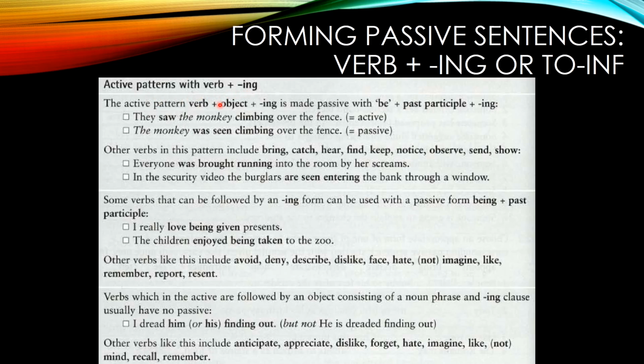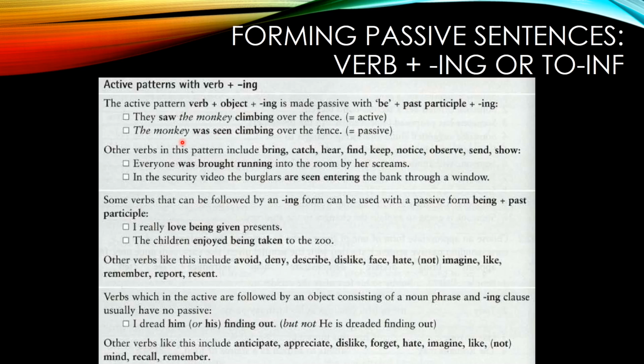The active pattern, verb plus object plus ing, is made passive with be plus past participle plus ing. For example, they saw the monkey climbing over the fence. It's active because they saw the process of how a monkey was climbing over the fence.